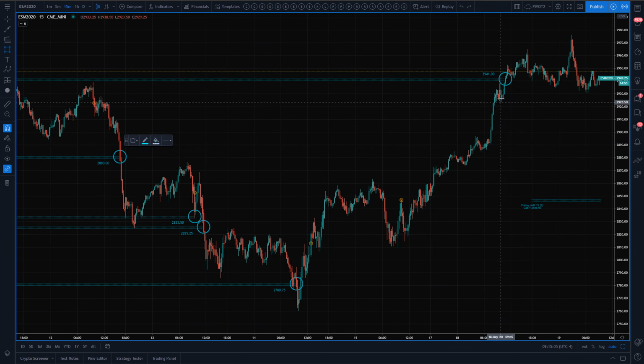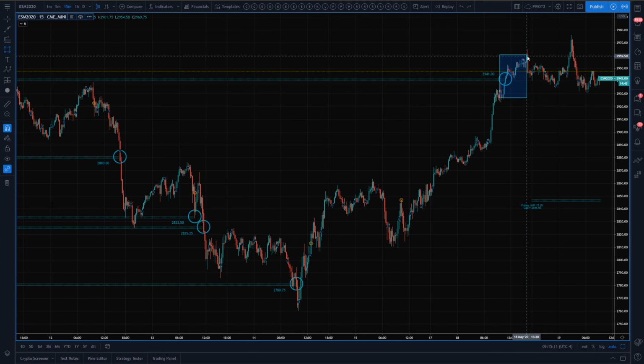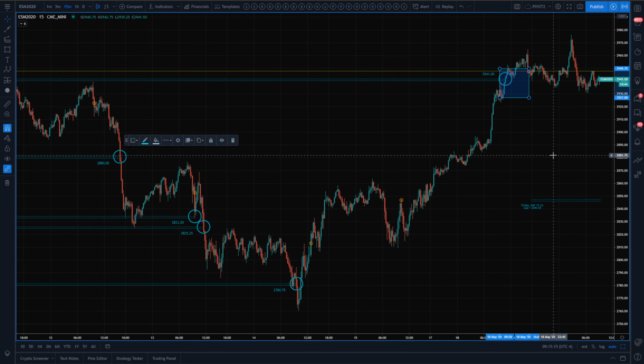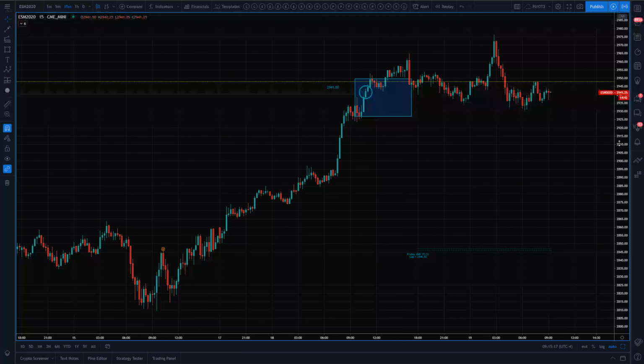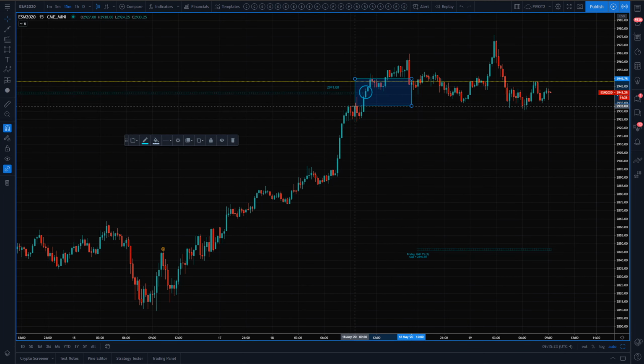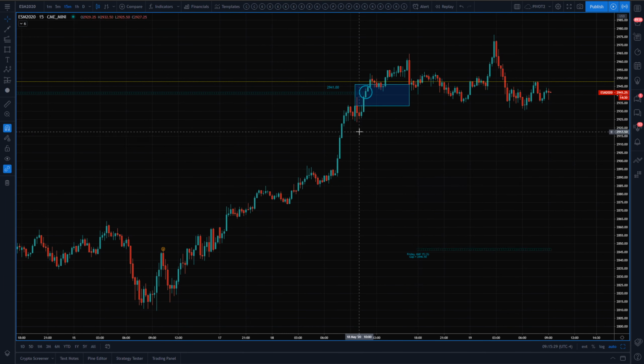yesterday's price action for the session was 9:30 in the morning to 16:15. So this was the open. And 16:15, this was the close right there. Oh, no, wait.